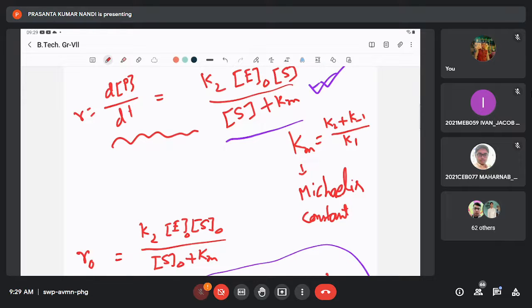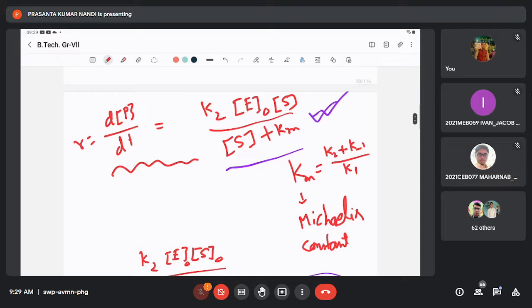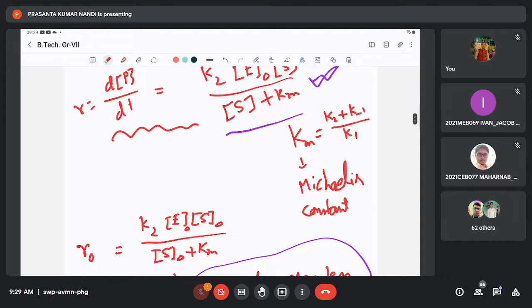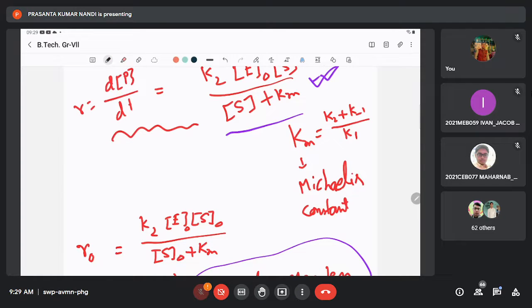So basically R0 equal to the right hand side expression I've written indicates the initial rate of the reaction.